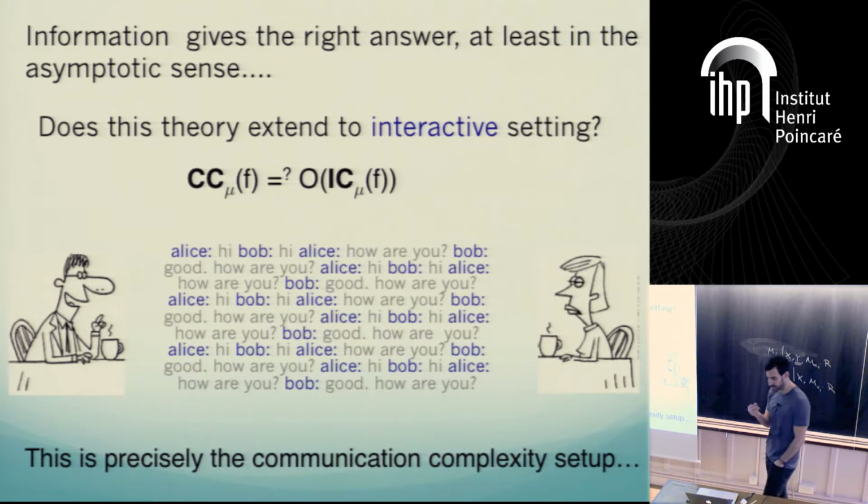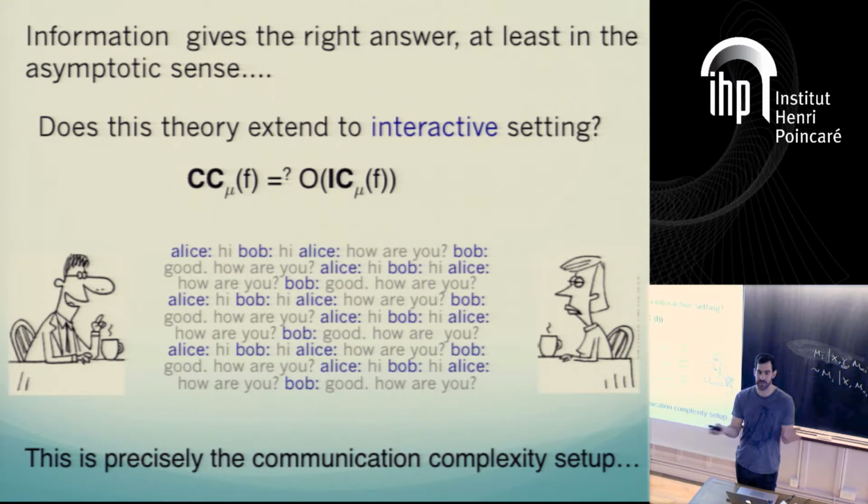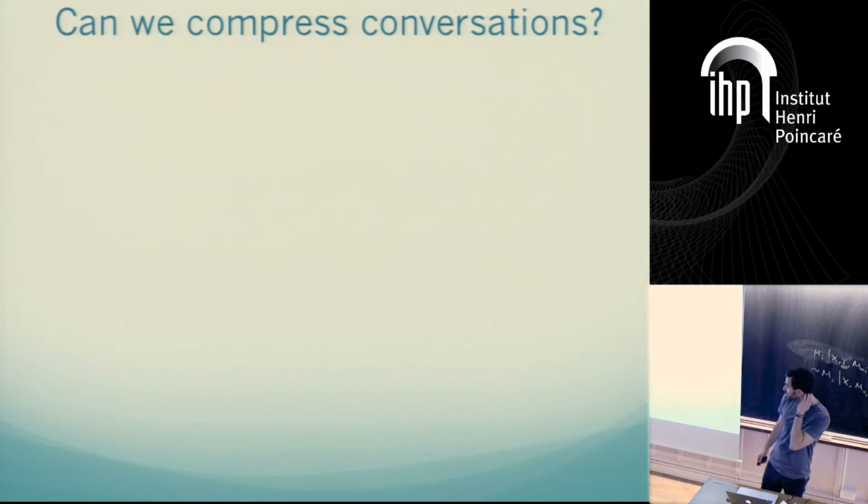So suppose Alice and Bob engage in a protocol that reveals 1 million bits, so the conversation communicates 1 million bits of communication. But suppose that the information cost is very low. It conveys only, let's say, 8 bits of information. The natural question at this point is whether the parties can simulate this conversation more efficiently, right? It makes sense that most of the time the parties are not learning anything, so they might be able to simulate this conversation more efficiently, and this is exactly the interactive compression question, which we will formalize very soon.